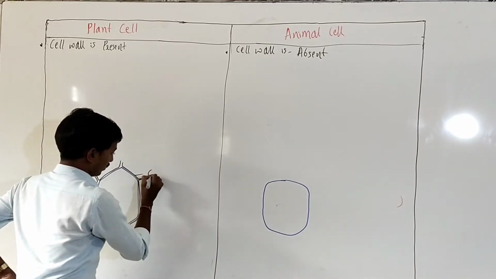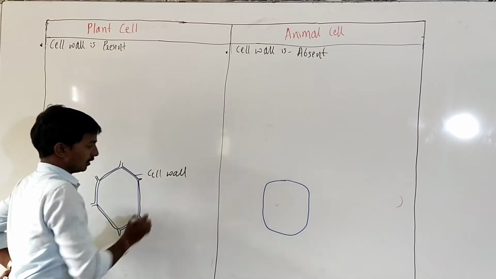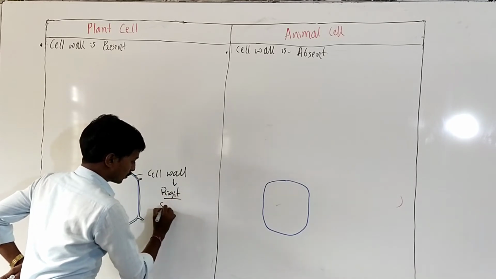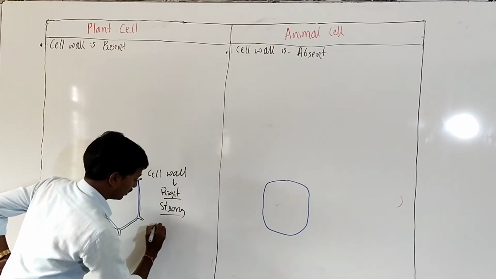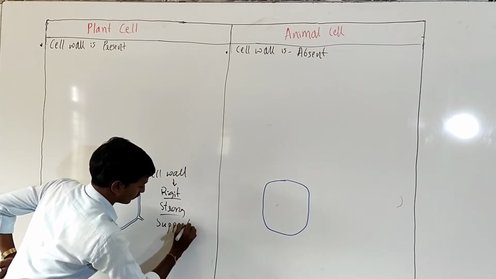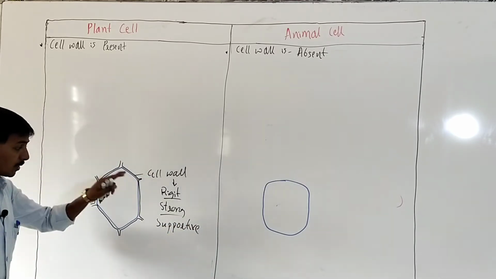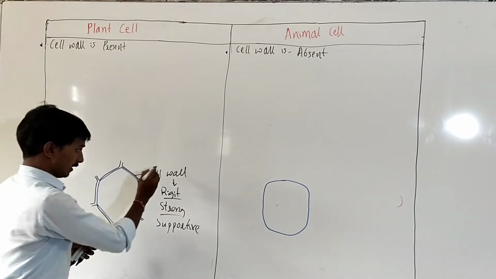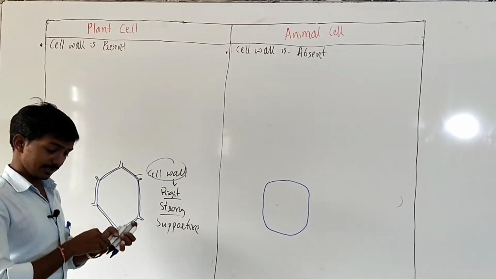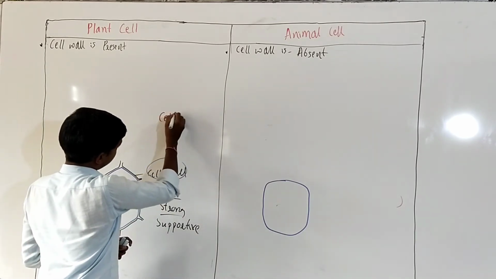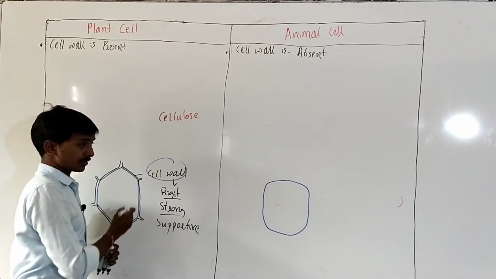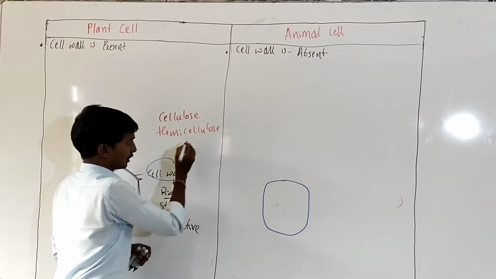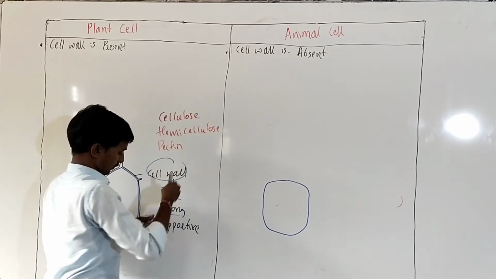So the cell wall, which is rigid, strong and supportive. Because of this nature of the cell wall, one more thing, the cell wall is made up of three major chemicals in plant cells, that is cellulose, hemicellulose and pectin.